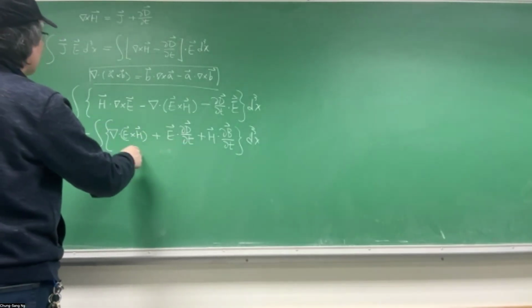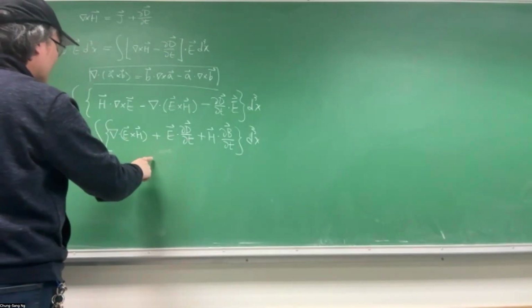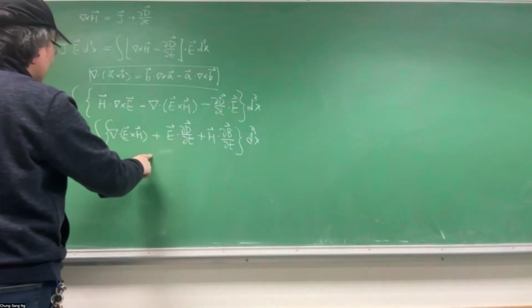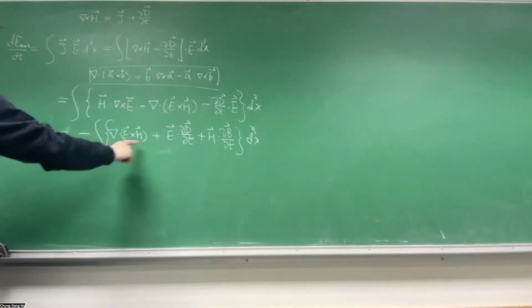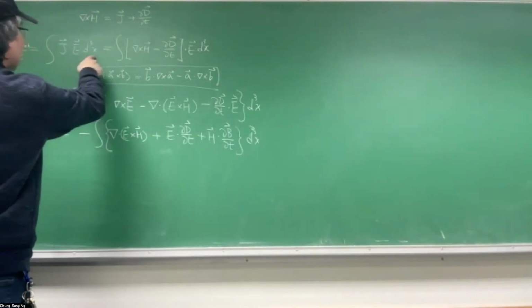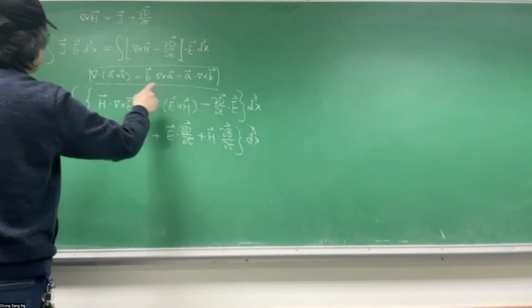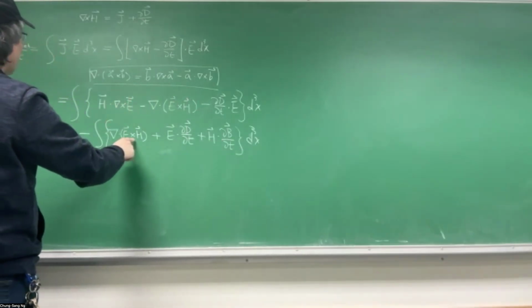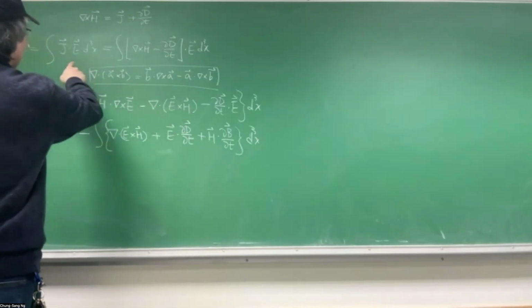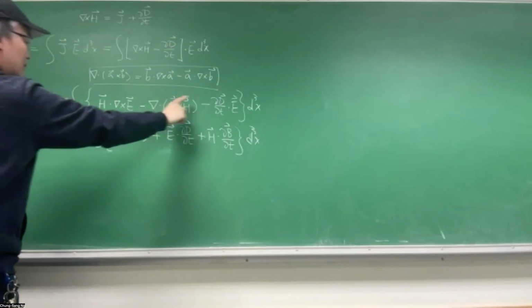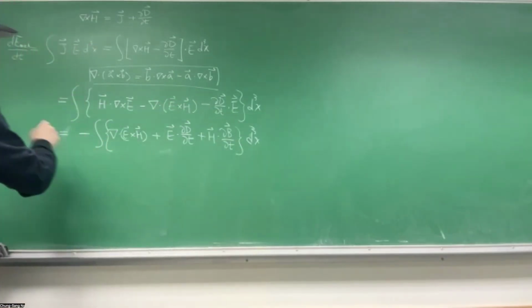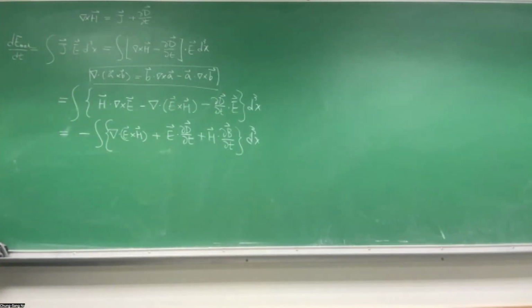And since we are integrating over a volume, which is arbitrary, the integrands would be the same. So J dot E equals minus of this one. Okay, so that would be the energy conservation, which is as general as it can be.